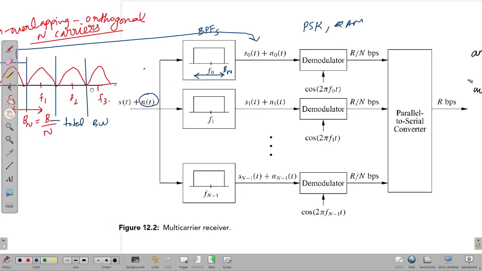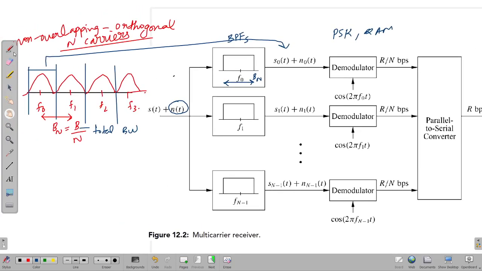You use the same carrier which is used at the transmitter, that is cos 2 pi f naught t, to get back the original signal. That is the demodulator part.